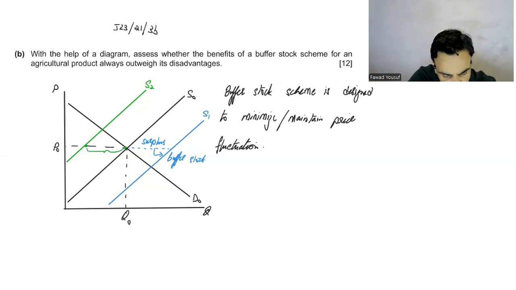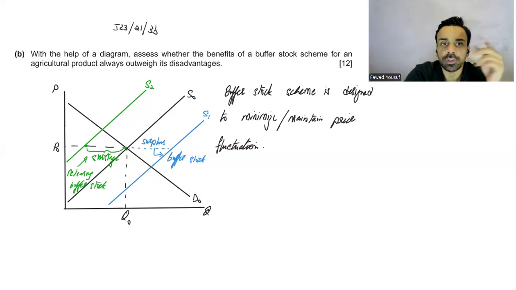Like this entire thing explains that there is a shortage. And so what we want to do is we want to fill this shortage by releasing the buffer stock. Okay. So this was one of the diagrams which I remember कि हमारे variant में ही एक question आया था, and this was one of the diagrams which was acceptable.